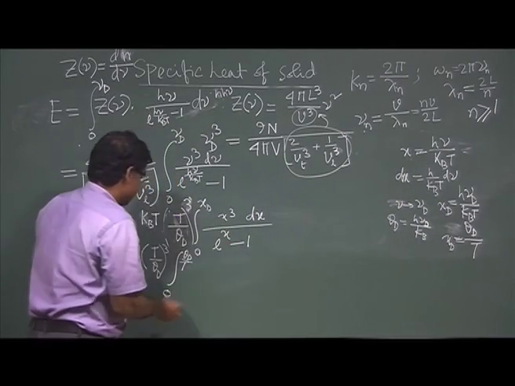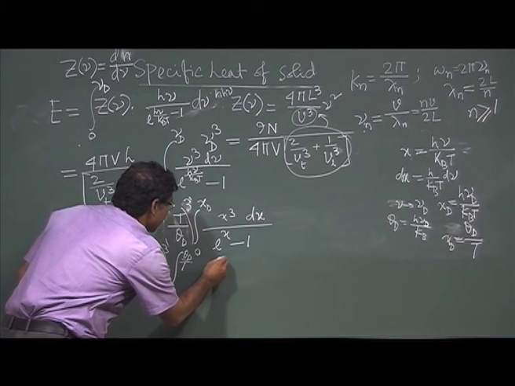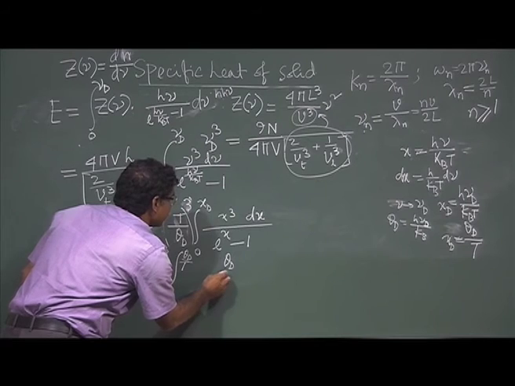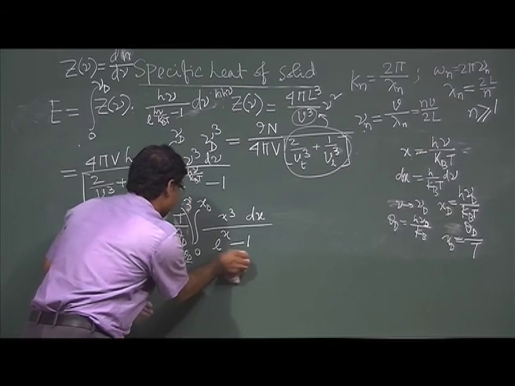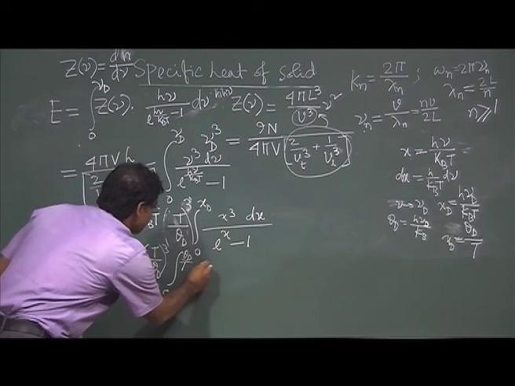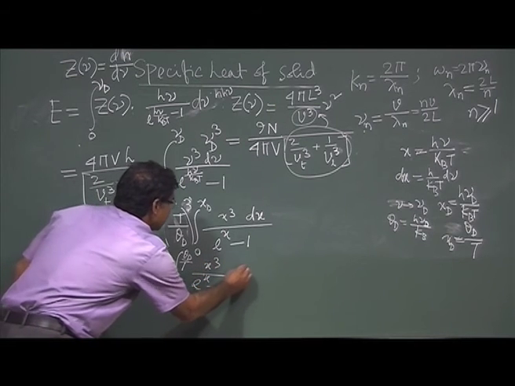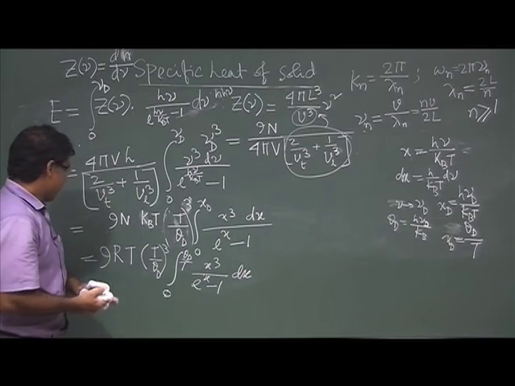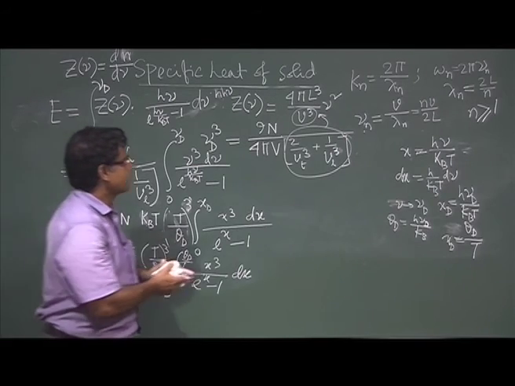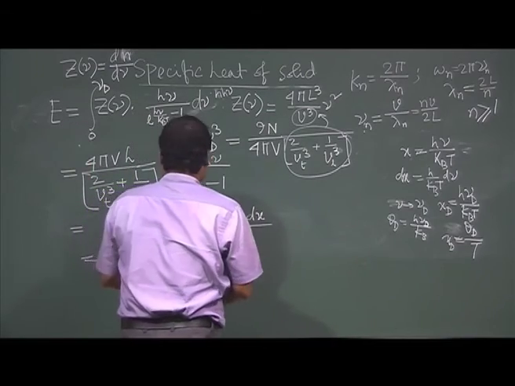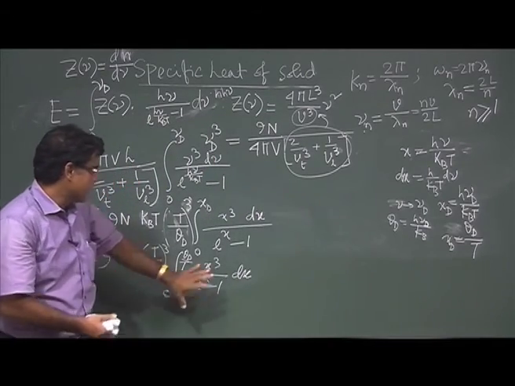So, this is x cube by e to the power x minus 1 dx. Now, you see this is the total energy of the system. So, now we have to integrate this one.